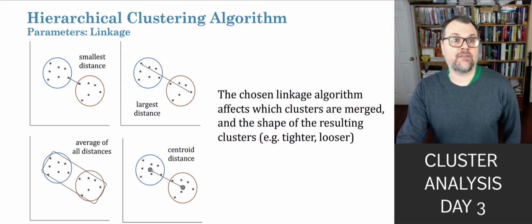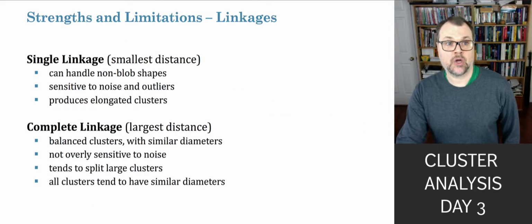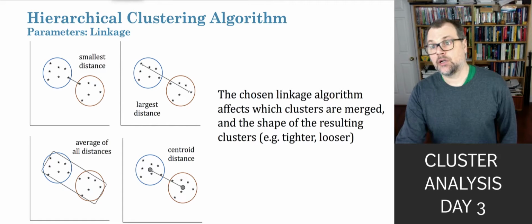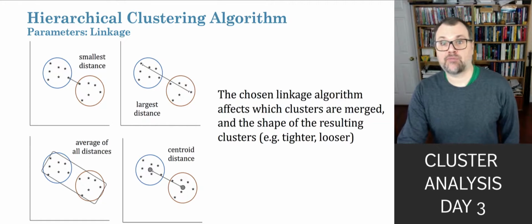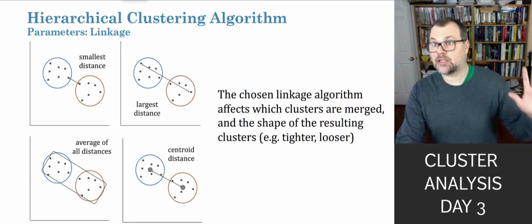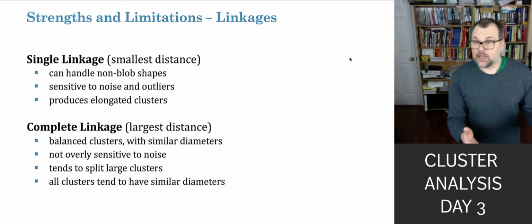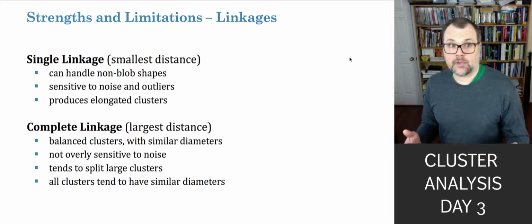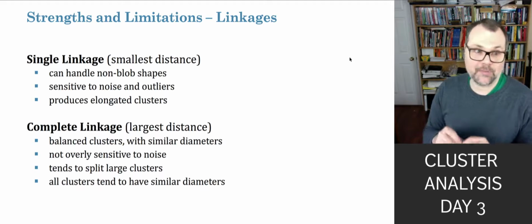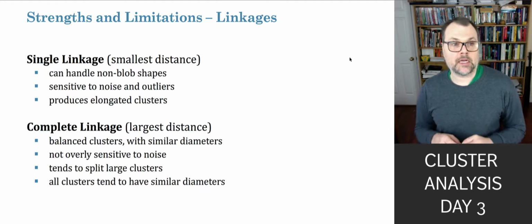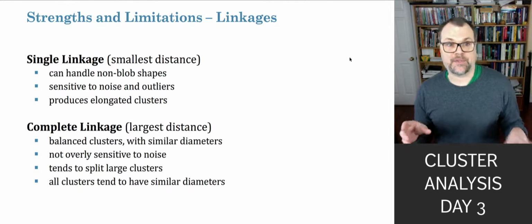I didn't give you an illustration here, but there's another linkage strategy called Ward's linkage, W-A-R-D. That is probably the best choice of linkage if you know nothing else about the data as a whole. Single linkage. If you use the smallest distance, typically speaking, they're going to be better to deal with shapes that aren't blobbish.